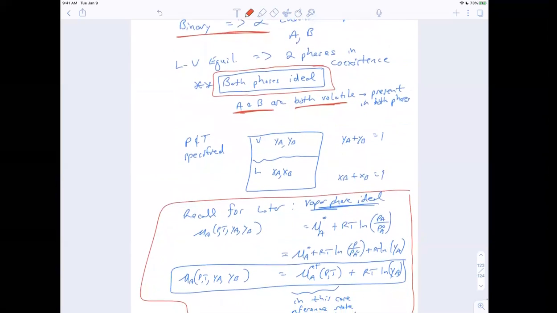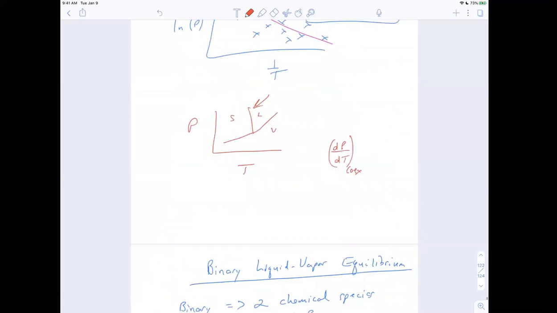So what we want to do is create a diagram for a binary system where you have two species and we are interested in liquid vapor equilibrium. So we're going to be interested in the equilibrium between a liquid and a vapor.